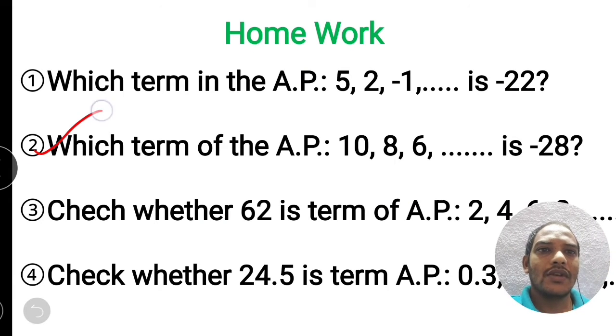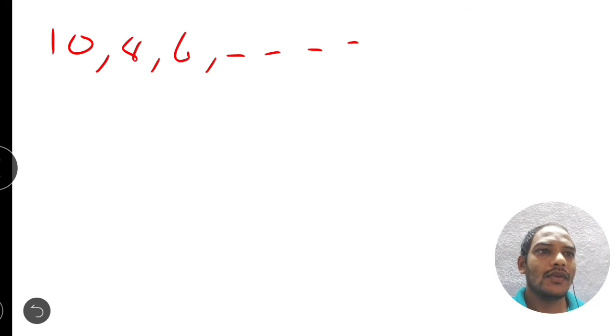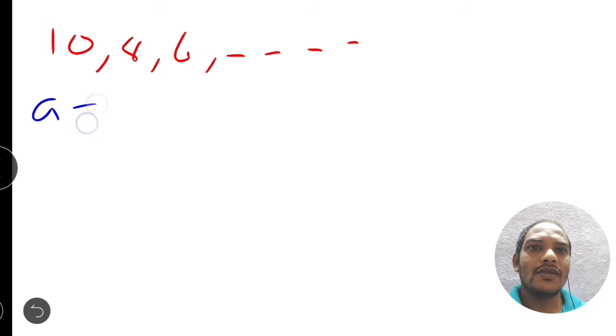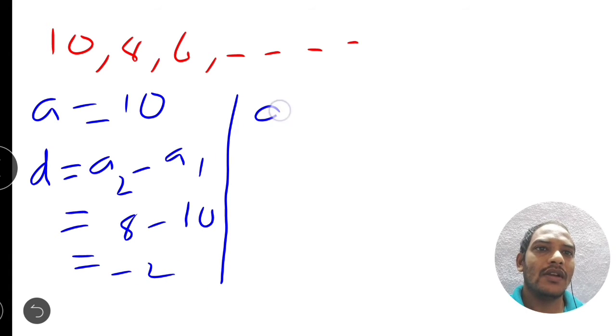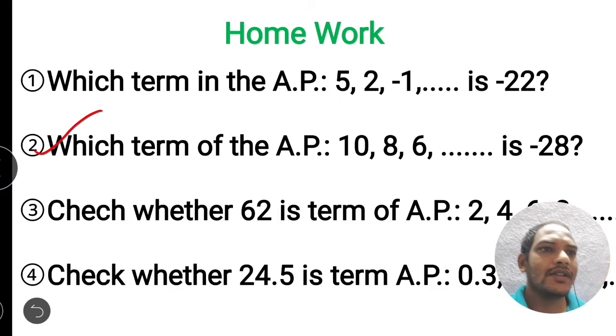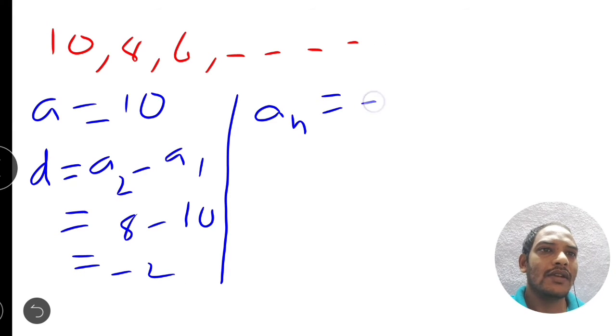Second question, which term of the AP 10, 8, 6, dash is minus 28? First term A equals 10. Next, common difference D equals A2 minus A1. So A2 equals 8 minus A1 equals 10 is minus 2. Same, minus 28 equals the nth term.